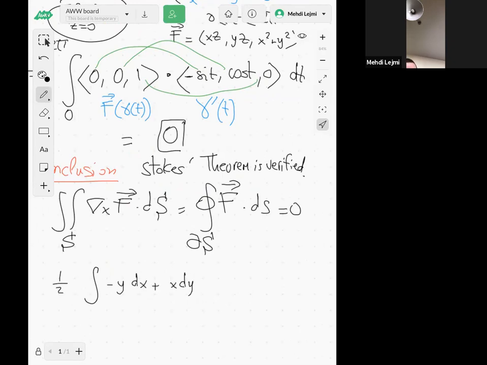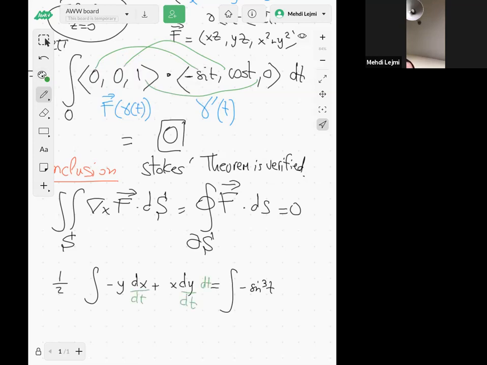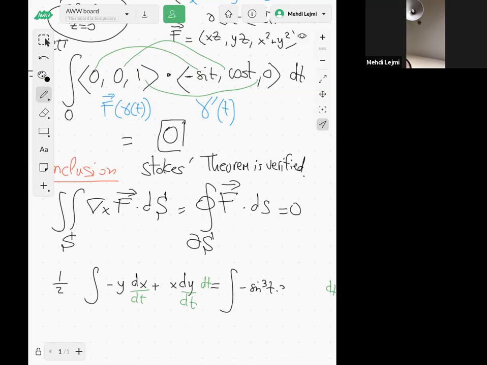In this case, y is sine cubed, so it's minus sine cubed of t dx. Here you take the derivative with respect to t times dt. The derivative of x with respect to t would be 3 sine cosine squared, right?